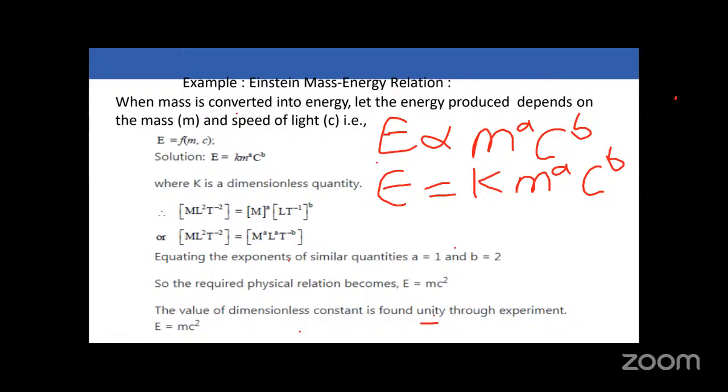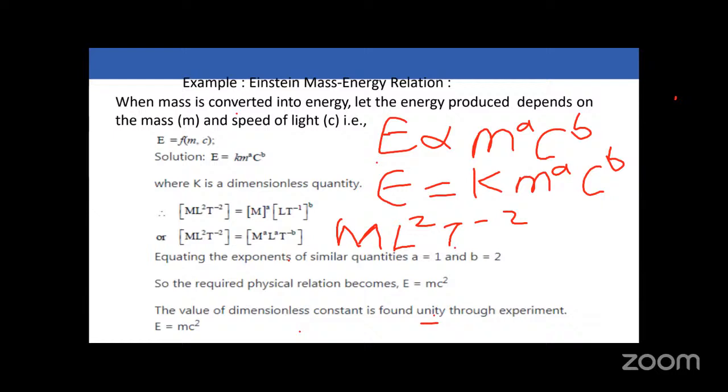The dimensional formula for energy is ML^2T^-2.